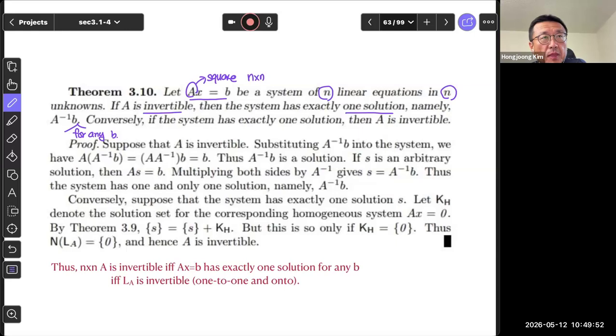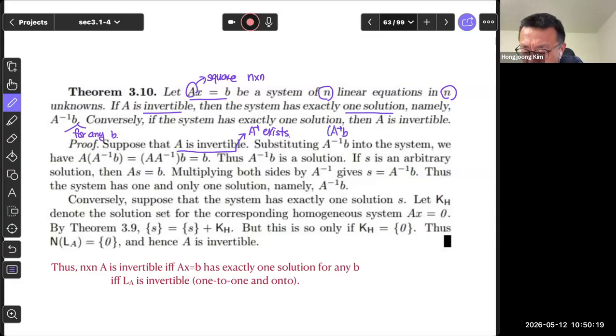So let us prove this. Suppose that A is invertible. That means A inverse exists. Then this A inverse times the B vector exists.